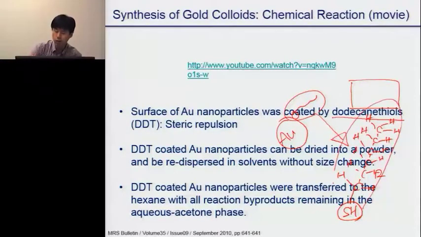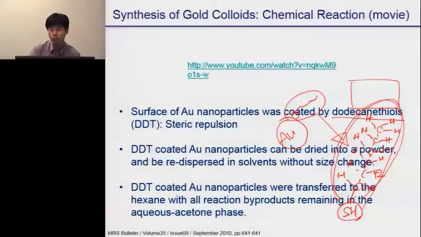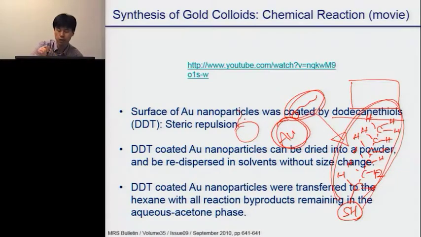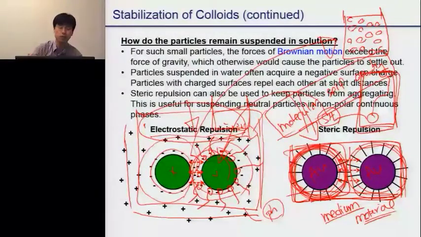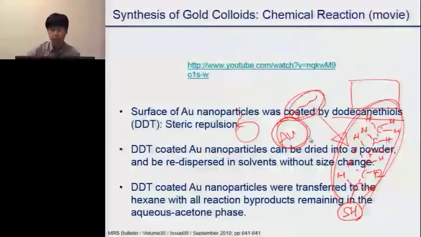This is the kind of molecule, in a smaller version, we're going to use to modify the surface of the gold nanoparticles. Eventually, after the second process, the gold nanoparticles are not dispersed by electrostatic repulsion, but by steric repulsion. So let's see the video.